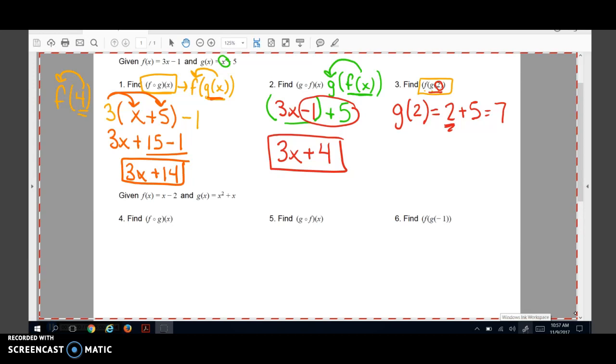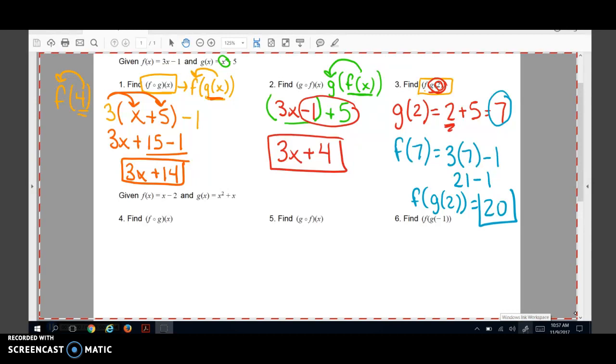But here I have f of g of 2, so now I need to find f of 7. Substituting 7 into my variable location, I have 3 times 7 minus 1. 3 times 7 is 21, minus 1. So now I have f of g of 2 equals 20.